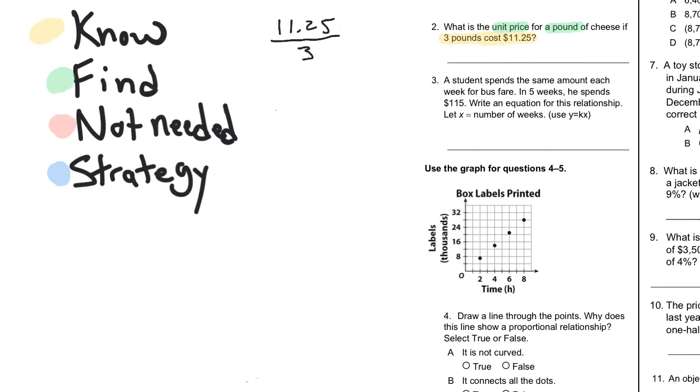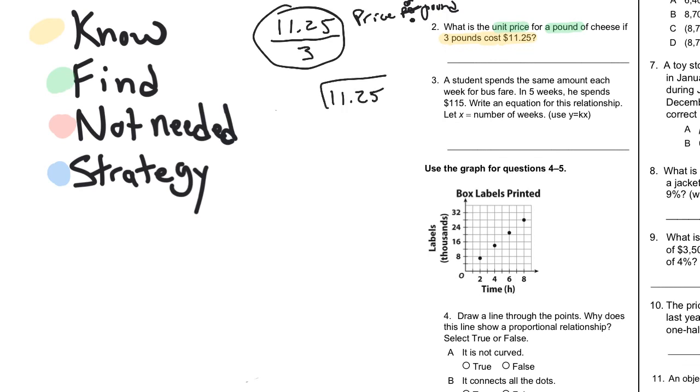So I'm going to write that over the side. Price per pound. Okay, because they want the unit rate of the price, not of the pounds. So price per pound, and I know my strategy is divide, right? Because I can cross out per and make that. So basically all I'm doing is 11.25 divided by 3.